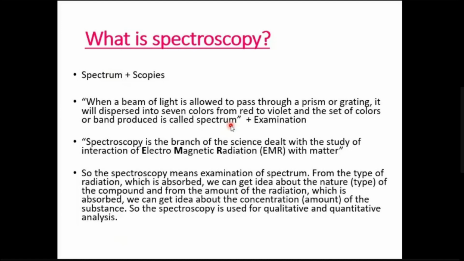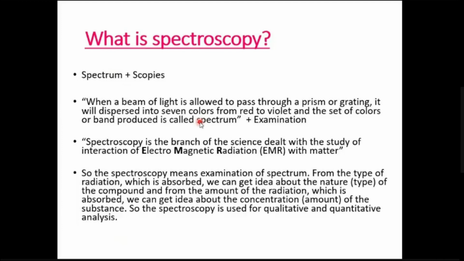Observing this spectrum, examining this spectrum, is nothing but scopy. So examination of this spectrum is called spectroscopy. Now this is the simplest possible definition. Just observing the spectra is spectroscopy.